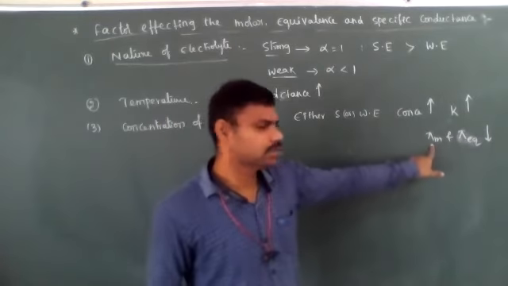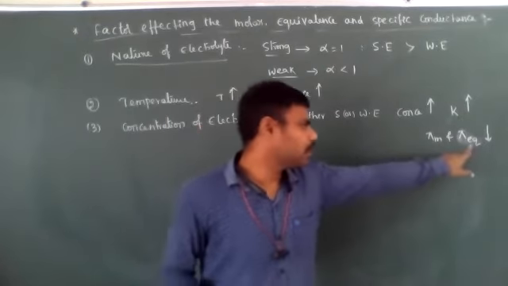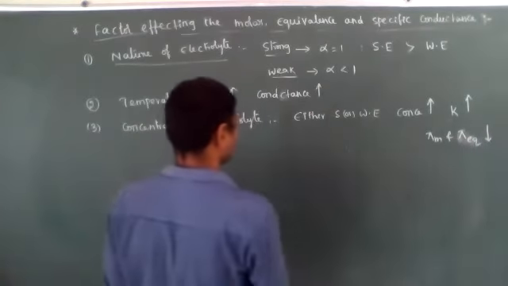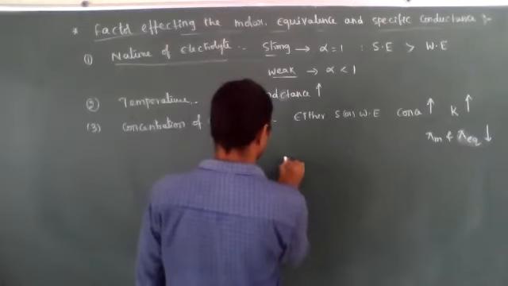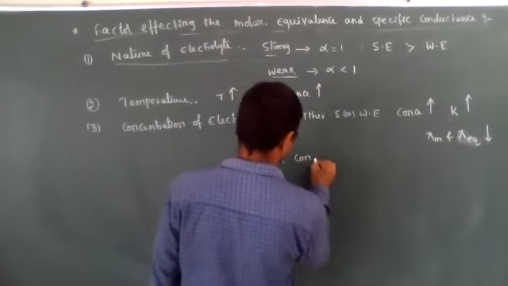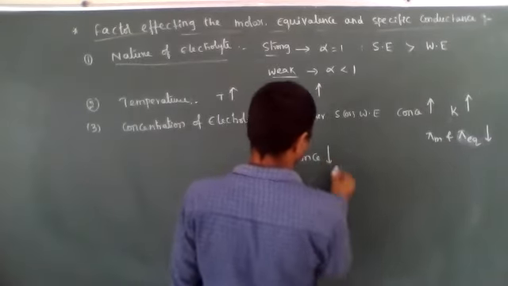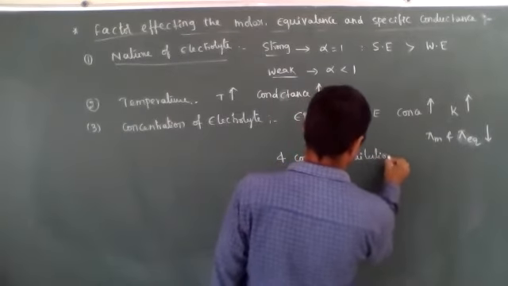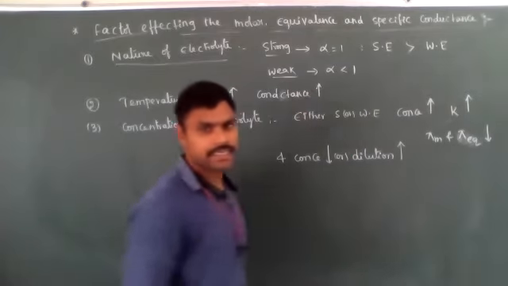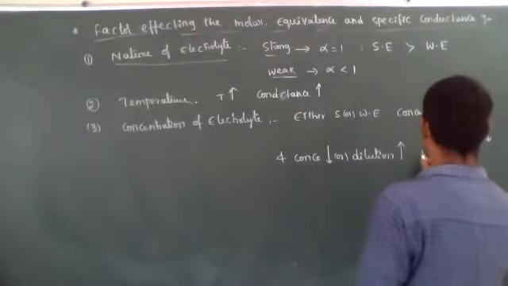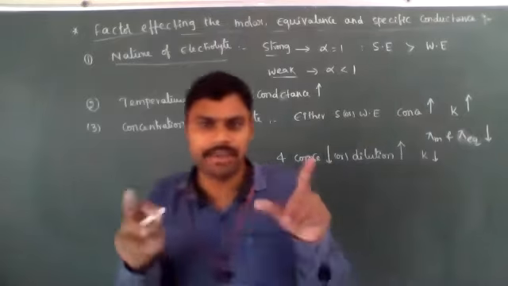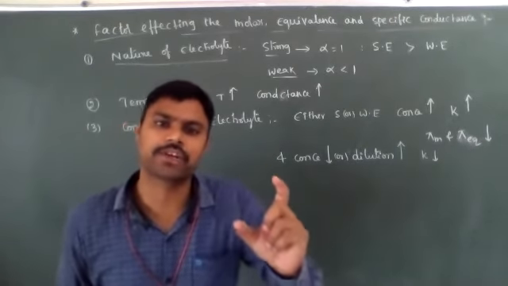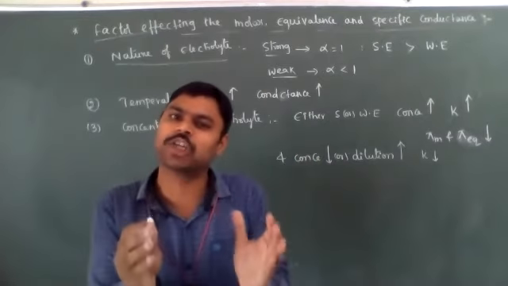Because here we are taking only 1 mole, and also 1 gram equivalent of electrolyte. Upon dilution, concentration decreases, meaning dilution increases. Then the K value decreases. Why? K is the specific conductance, which is the conductance of 1 meter cube or 1 centimeter cube of electrolytic solution.